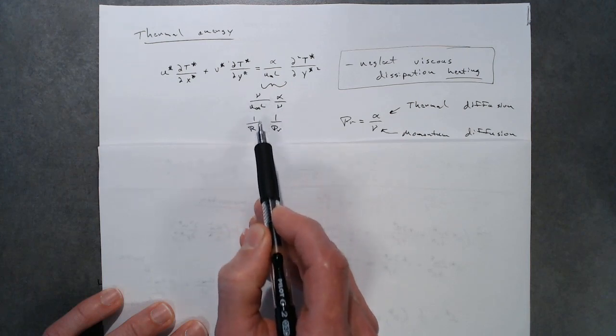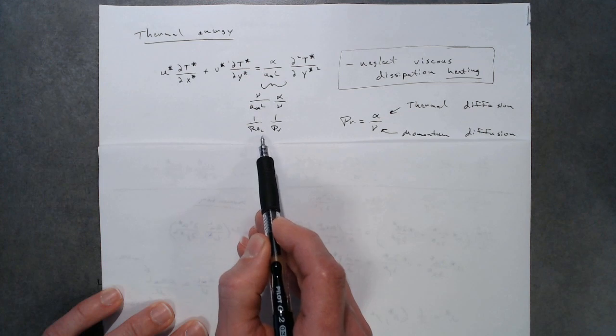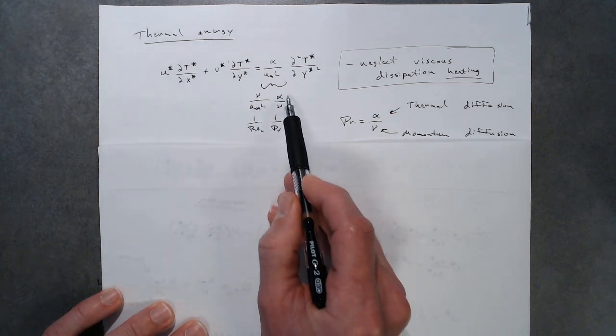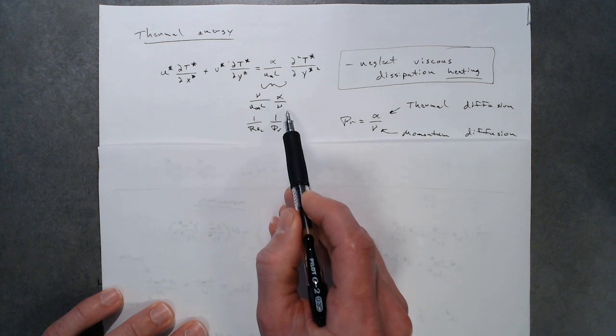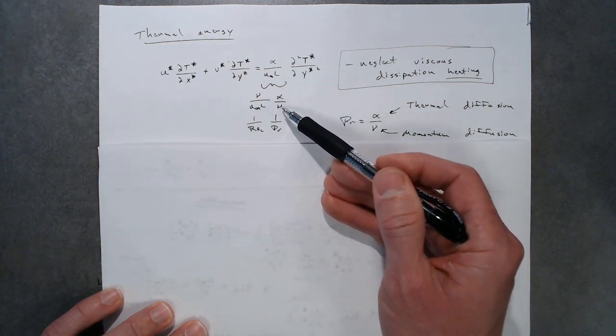We recognize that from the equation we just considered as 1 over the Reynolds number, Re_L, where L is our length scale. And this new term, alpha over nu, or thermal diffusivity over kinematic viscosity.